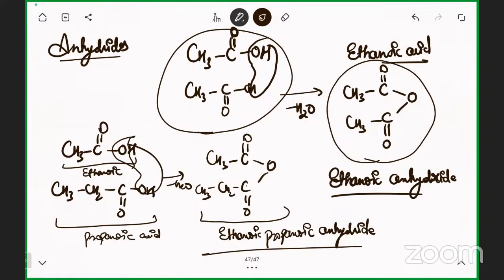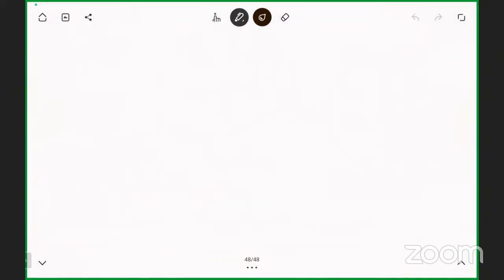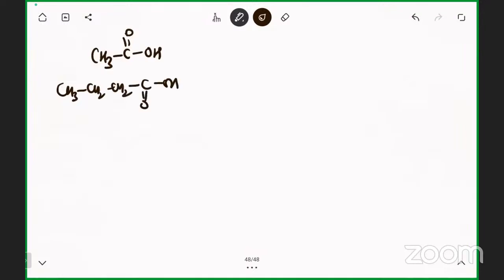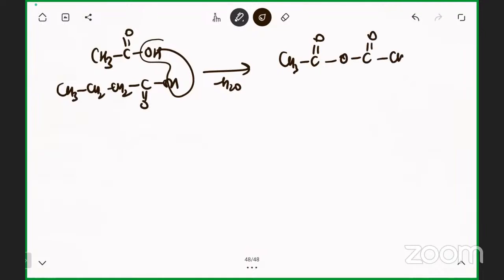Yes, sir. Okay. Tell me the name of this compound. CH3 C double bond O single bond OH, and then I'm writing CH3 CH2 CH2 C double bond O single bond OH. Again, I'm eliminating a water molecule. It is forming a compound CH3 C double bond O single bond O single bond C double bond O single bond CH2 CH2 CH3. Now, what will be the name of this compound? Alphabetic order.